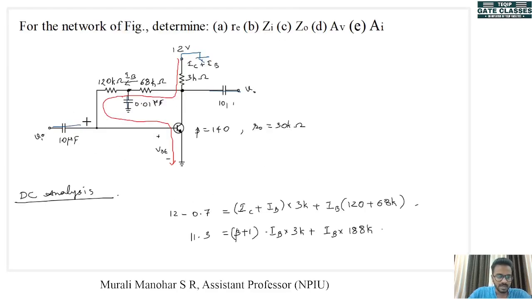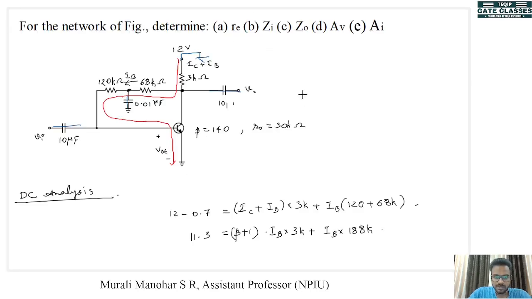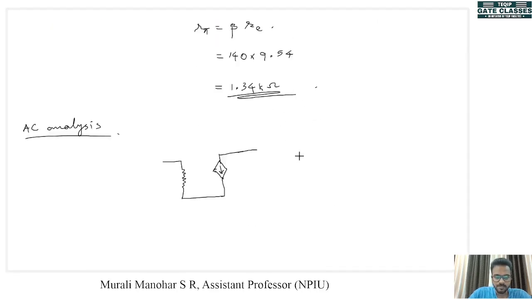We have no Vs, we have no Rs, so it is directly, we have R pi here and gm VBE or beta IB here, both are same. So beta IB here, then RO is given in the question, it is 30 kilo ohm. We can do a check here, whether we should consider RO or not. The check is, if RO is greater than or equal to 10 times RC, then we need not consider RO in the circuit.